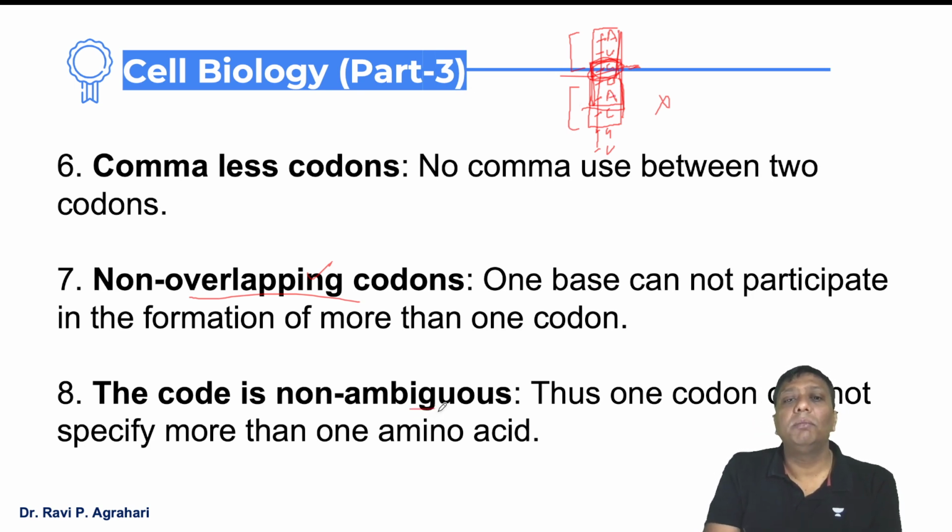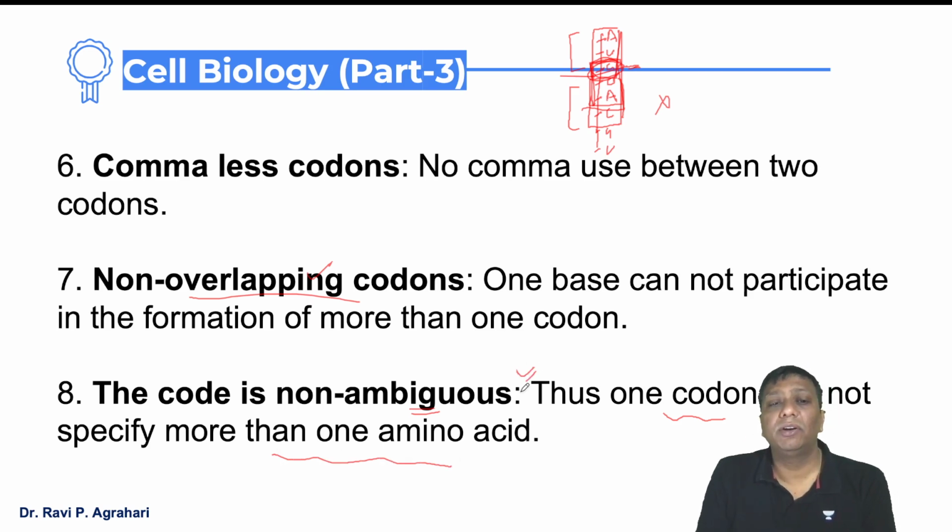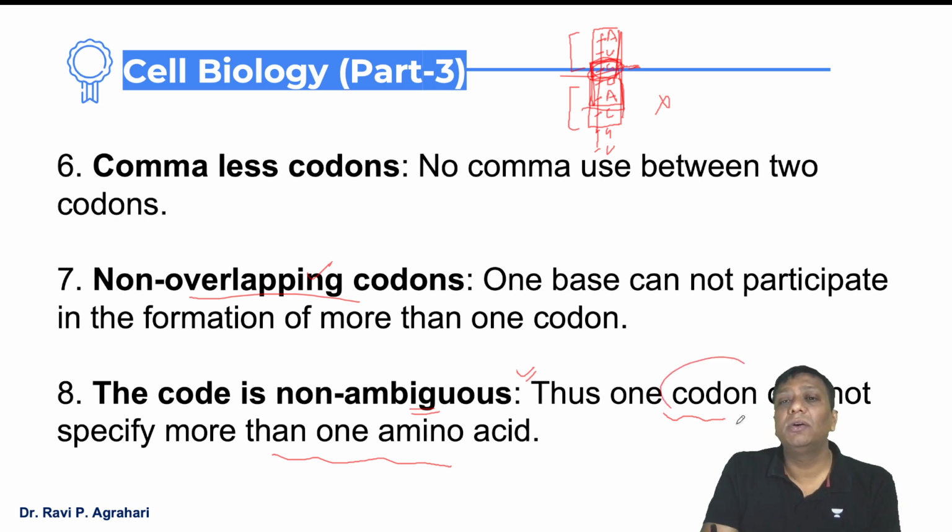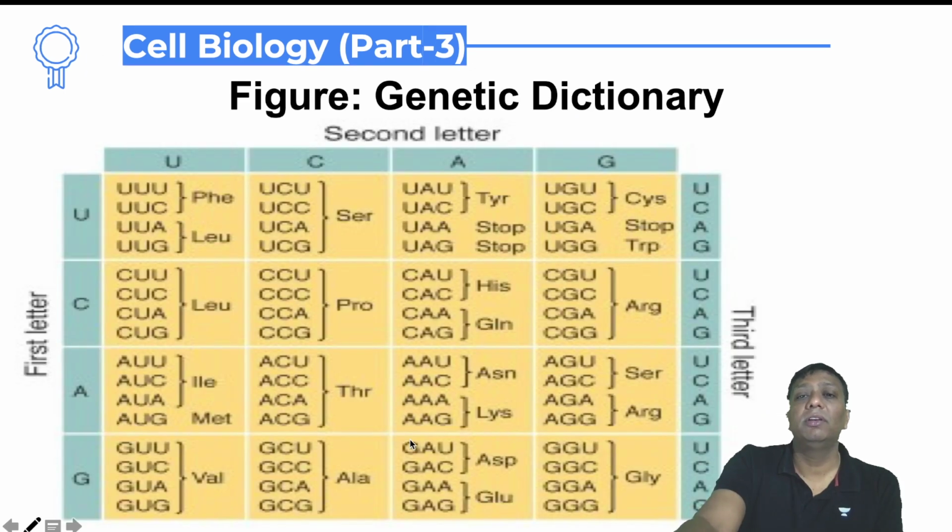The code is non-ambiguous. What is the meaning of the code is non-ambiguous? One codon cannot specify more than one amino acid. You must be clear: one amino acid can be specified by more than one codon, but one codon represents only one amino acid. See here, guys.